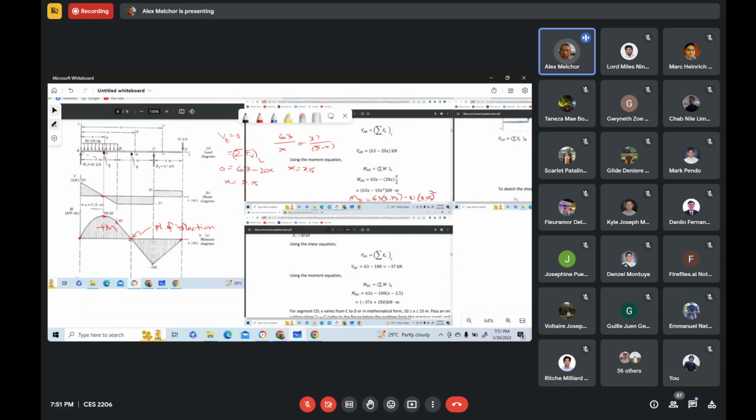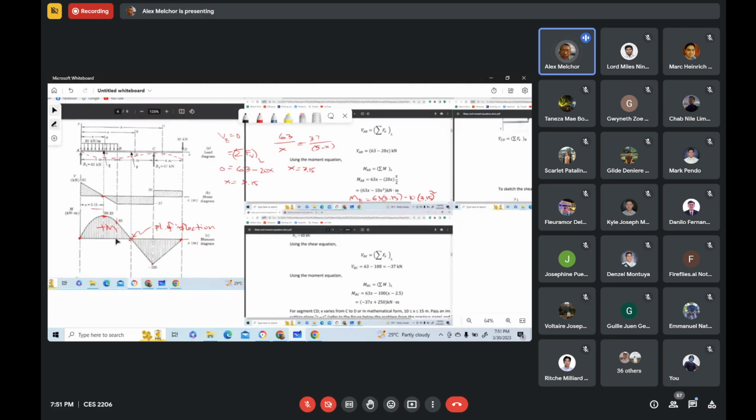Okay, that one. So you see that here, this is zero moment. That is the point of inflection. That means that at that point, we have the change of the curvature of the beam.